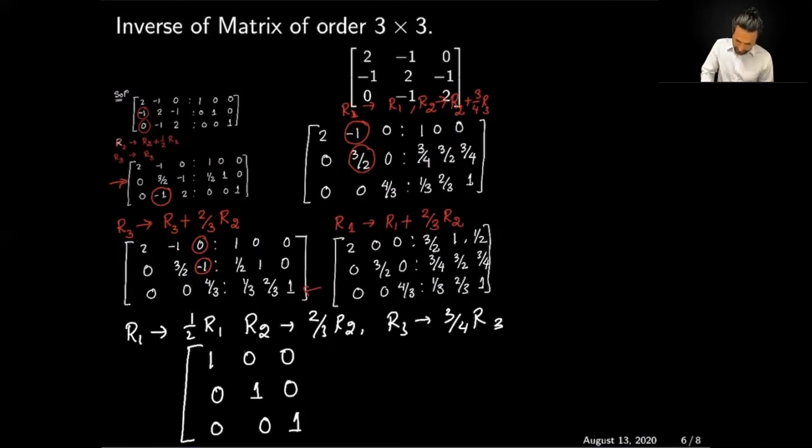and the matrix on the right hand side will be 3/4, 1/2, 1/4, and this will be 1/2, 1, 1/2, and this will be 1/4, 1/2, 3/4.